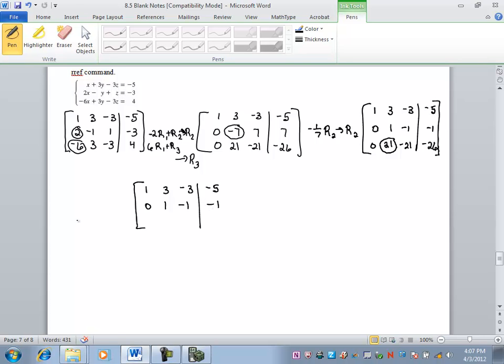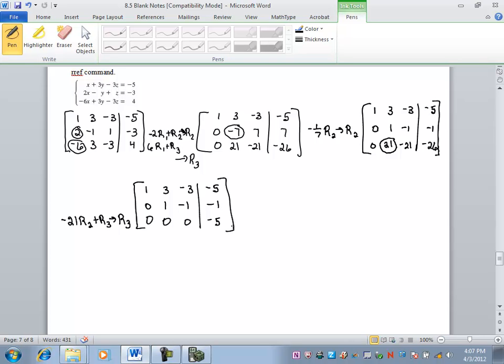Then I'm going to take -21 times row 2 plus row 3, and this gives me row 3. So -21 times 0 is 0 plus 0. -21 times 1 is -21 plus 21 is 0. -21 times -1 is 21 minus 21 is 0. And -21 times -1 is positive 21 minus 26 is -5.